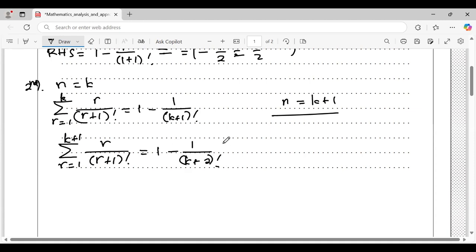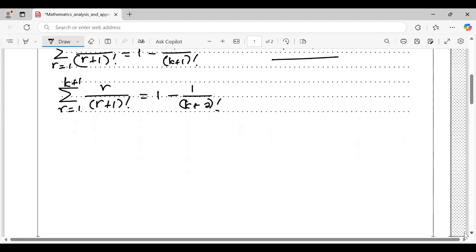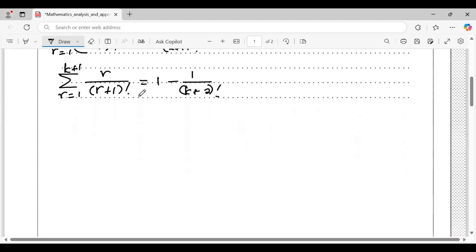And I would like to break down the left-hand side. Scroll down first. It becomes like this.